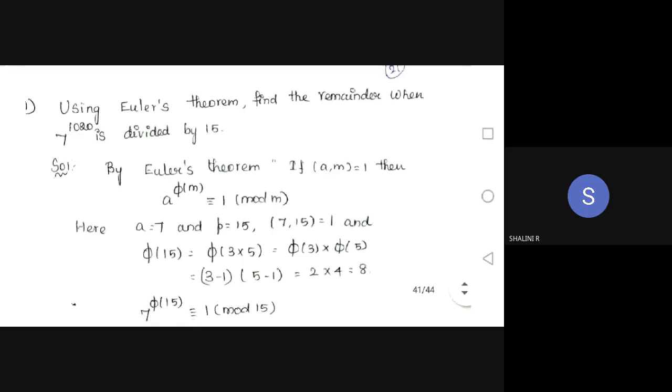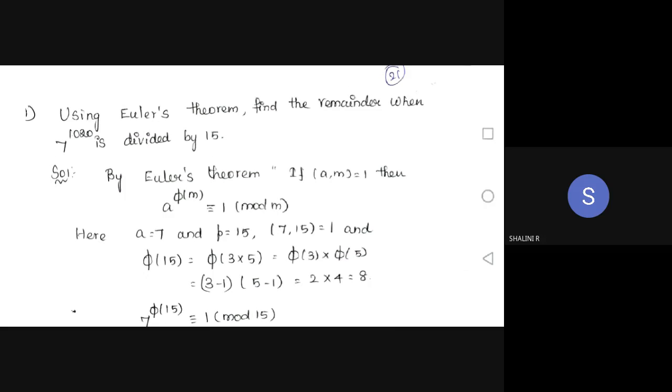We want the remainder when 7 power 1020 is divided by 15. Look at the power 1020. This 1020 will be divided by 8, and at that time you get the remainder 4.